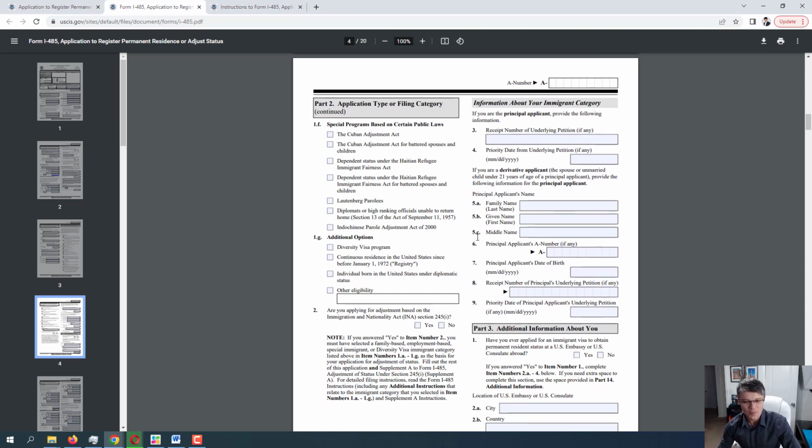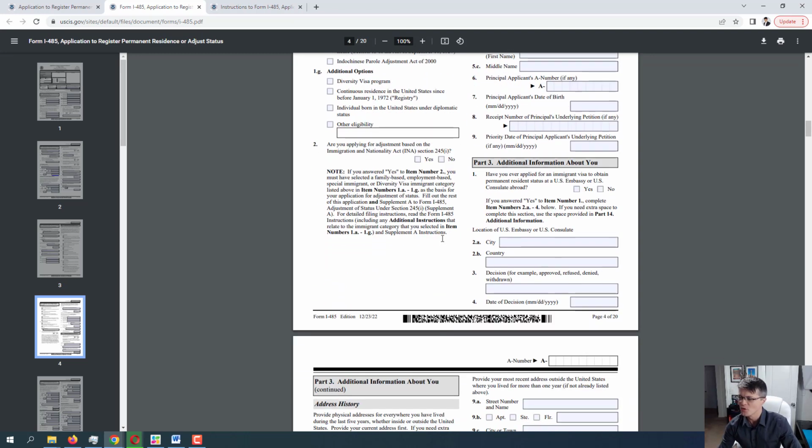So if there are multiple applications involved, and there is one principal applicant and there are dependent applicants, that's where you're putting this information. And here you are giving the underlying petition. So if there is any other petition that this form is kind of under, that's where you're putting the receipt number for that underlying petition. So hopefully that makes sense.